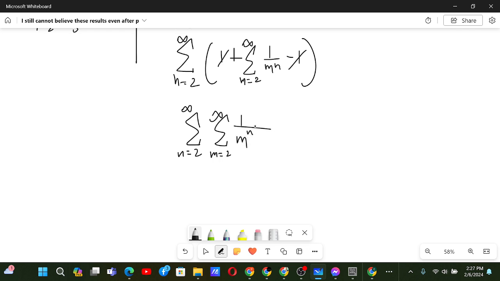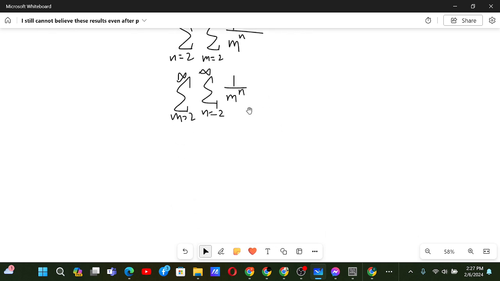Since this is converging we can exchange the sums. Basically we take the first one back and the second one in front, because this will make our summation easier. Now our summation will not be that hard because it's just a geometric series.